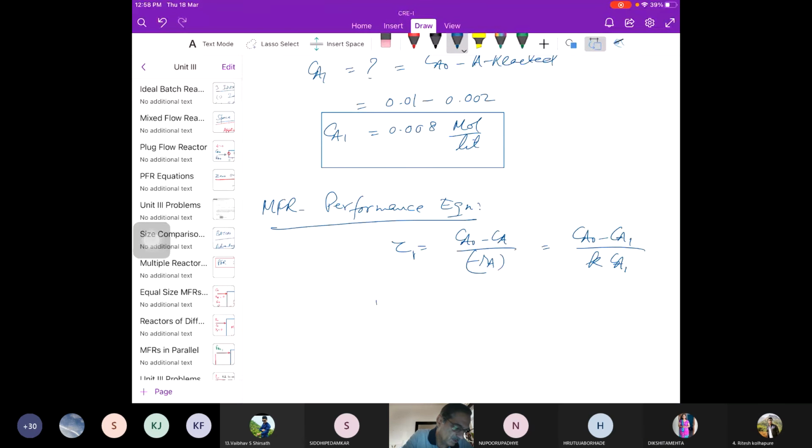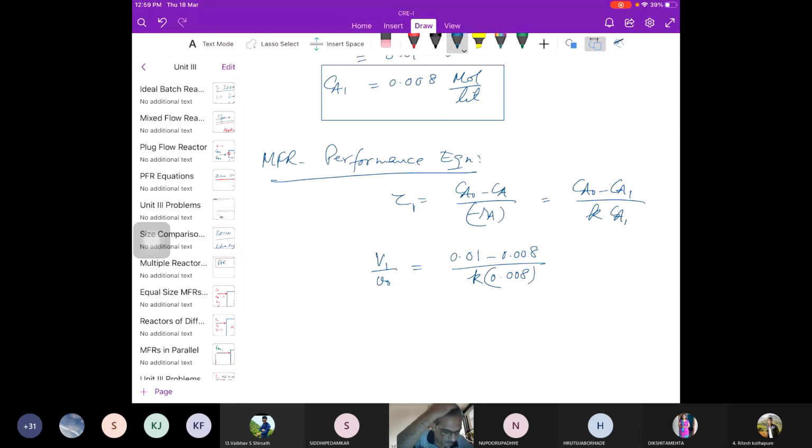So it is V1 upon V naught is equal to Ca naught minus Ca1 upon K Ca1. बराबर. So it is 0.002 upon 0.008 K, and V1 is 4 liters and V naught.